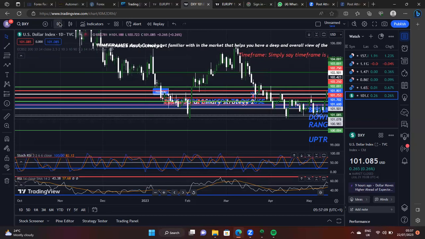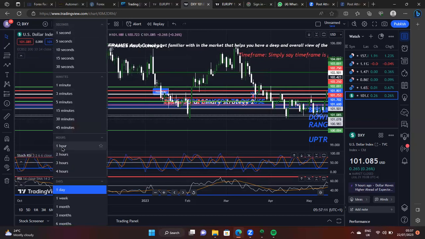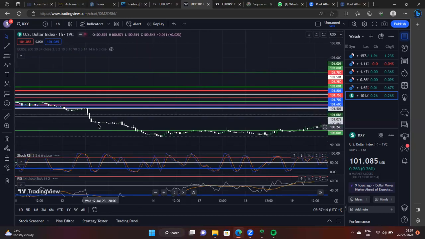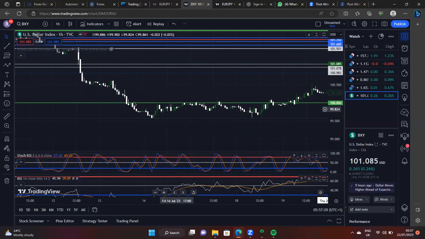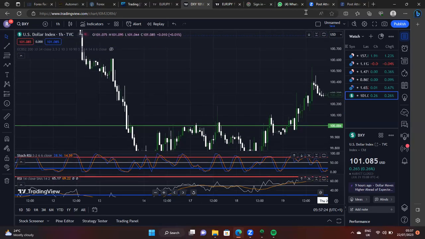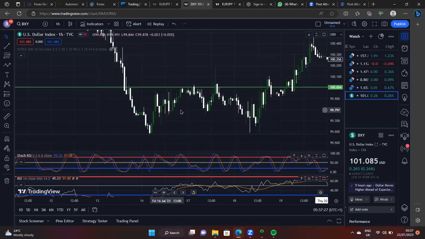So if you broaden this chart to, let's say, an hour, look at what we have here on an hour chart. The ranging appeared around the zone, and then a double pattern.